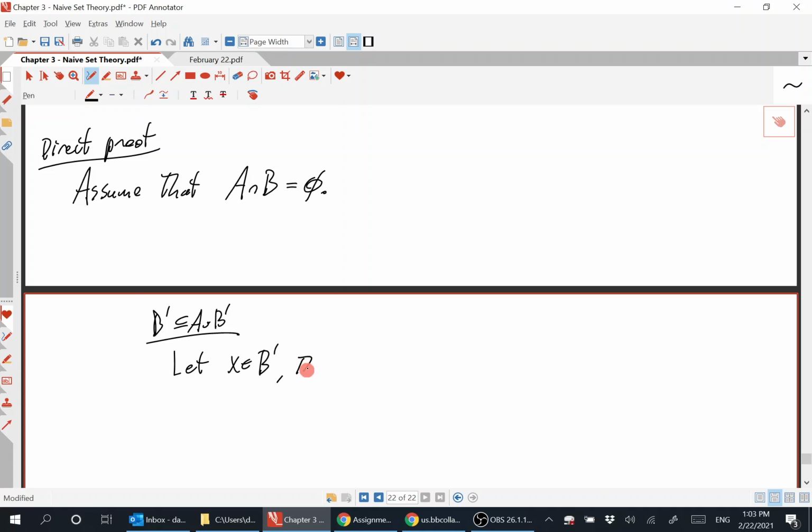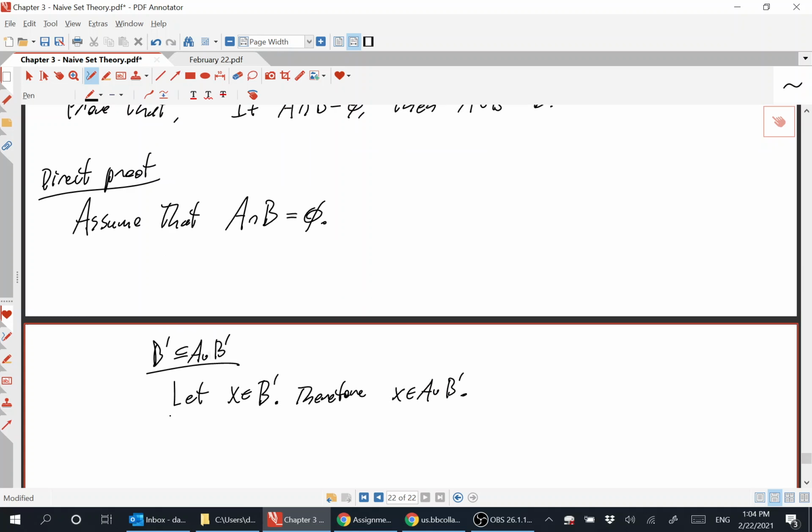Therefore, X is an element of A union B complement, just by definition. So you could just say it's true by definition, because this is everything that's in B complement or the other thing. So when you have stuff that's in B complement, it's in the union of the two.